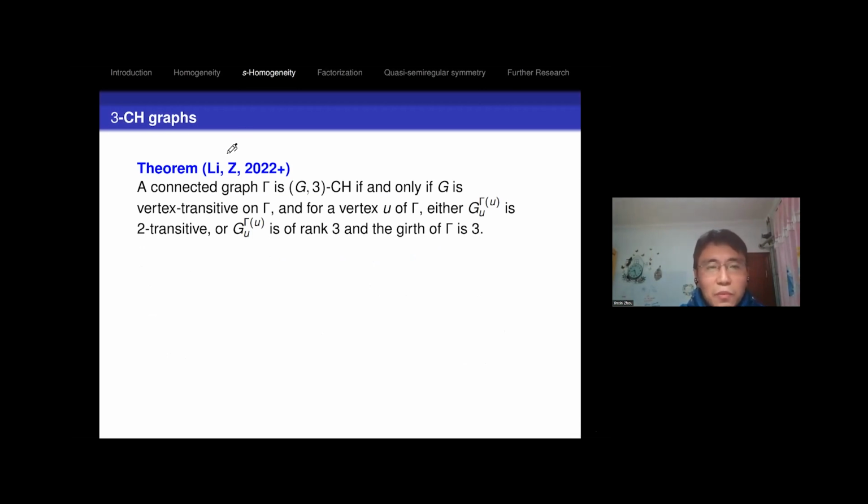For the 3-CH graph, we first prove that a connected graph gamma is G-3-CH if and only if G is vertex transitive on gamma, and for a vertex u of gamma, either the local action of G_u on gamma(u), that is, the permutation group induced by G_u on gamma(u), the neighborhood of u in gamma, is 2-transitive, or this permutation group is of rank 3 and the girth of gamma is 3.